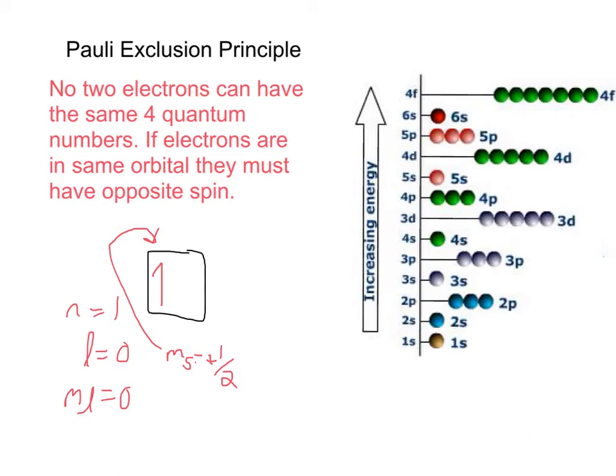And then the other one would have n equal to 1, l equal to 0, m sub l equal to 0, but the spin quantum number, m sub s, would be the opposite spin. You can see that they can have 3 of the same quantum numbers, but the 4th one has to be different. Or 3 of the 4 can be the same, and 1 of them will have to be different. So that's how we apply the Pauli exclusion principle.